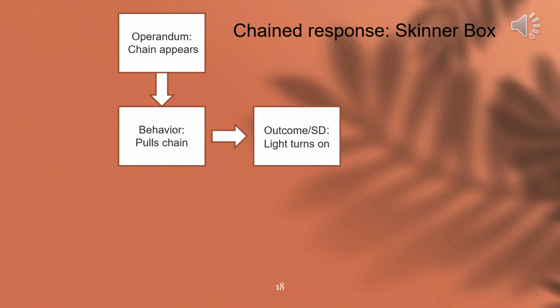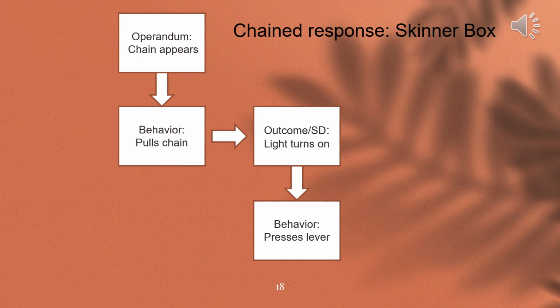The light turning on is also an SD for the rat to press the lever. The light is termed a dual functioning chain stimulus because it reinforces one response while simultaneously is an SD for another response. Therefore, it has two or dual functions. Finally, this is consequated with the water appearing.